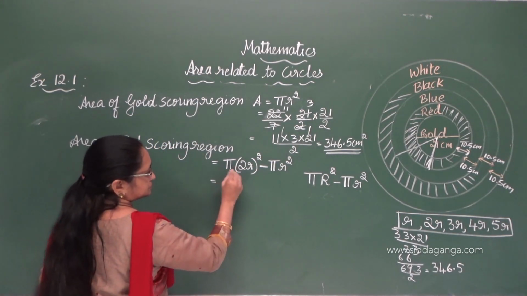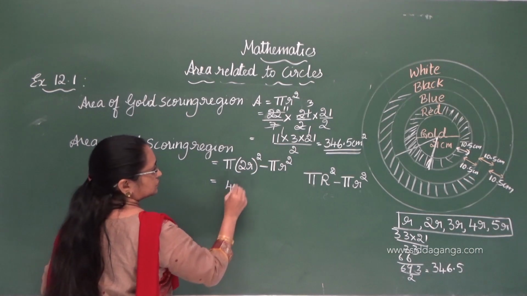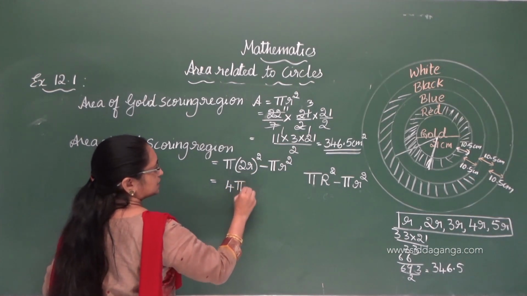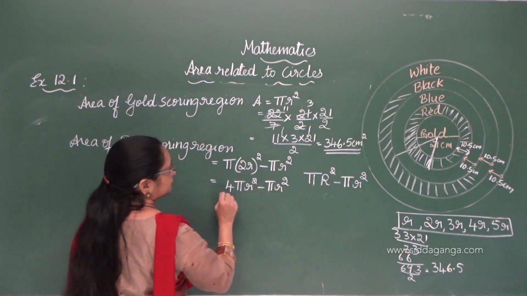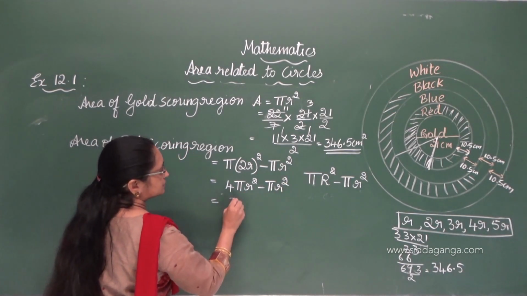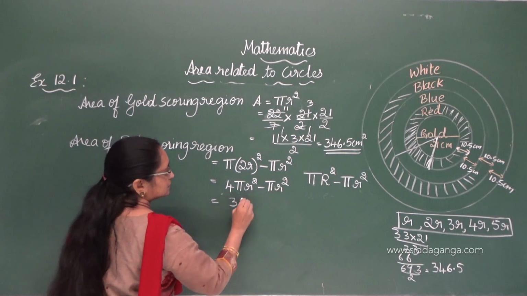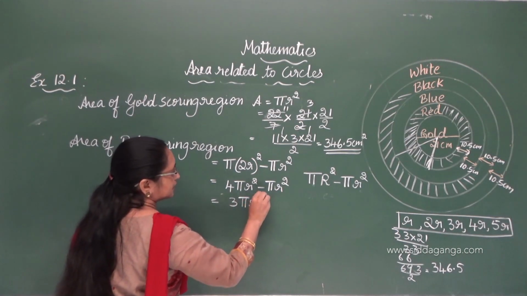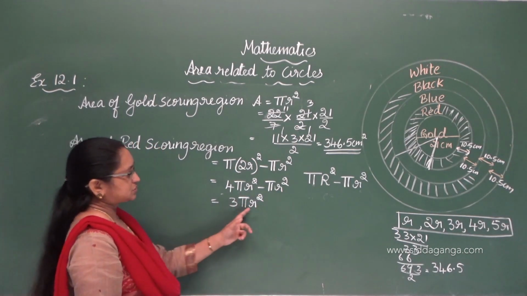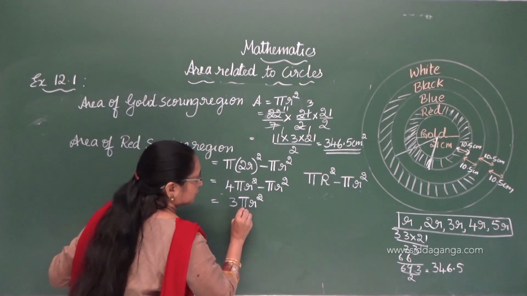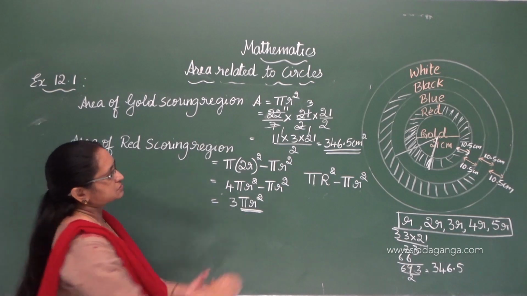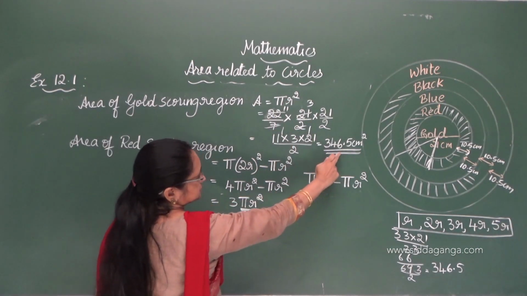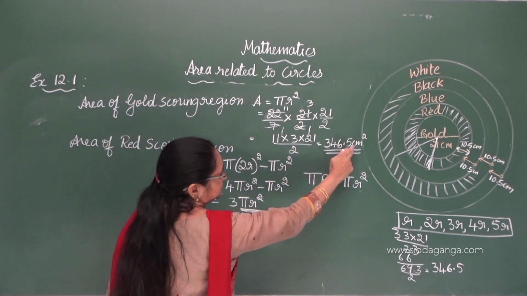Now here, 2 2s are 4, so 4πr² minus πr² will give 3πr². Instead of calculating, we have already calculated πr². How much is πr²? 346.5.